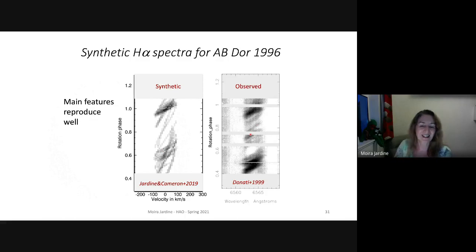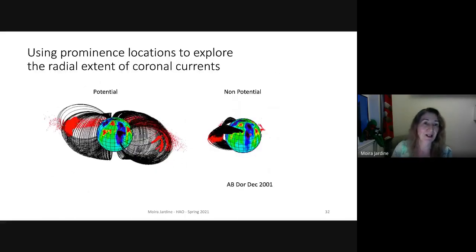Now, I said I had done this for a potential field extrapolation. I could have extrapolated the field in another way. This is one particular non-potential field extrapolation. In other words, there are volume currents that are extending out into the corona. You can see that although the surface magnetograms are the same, the field structures that are predicted and the locations where prominences can be supported are very different.